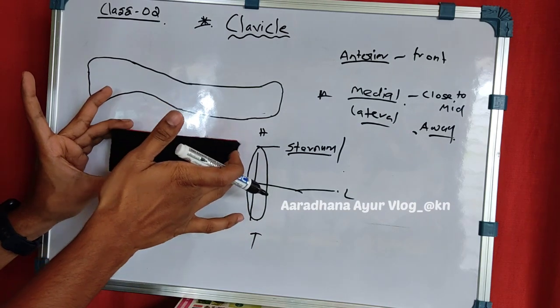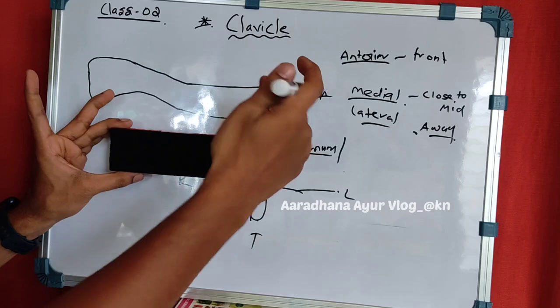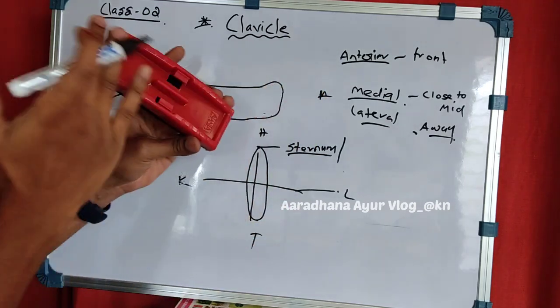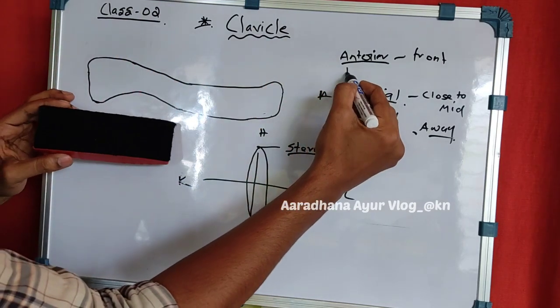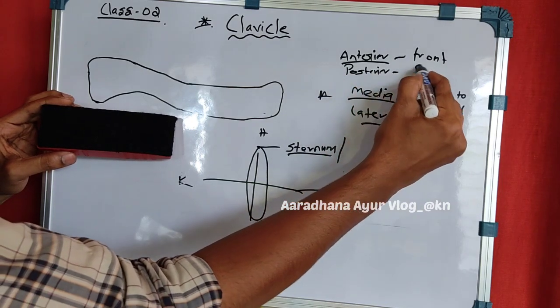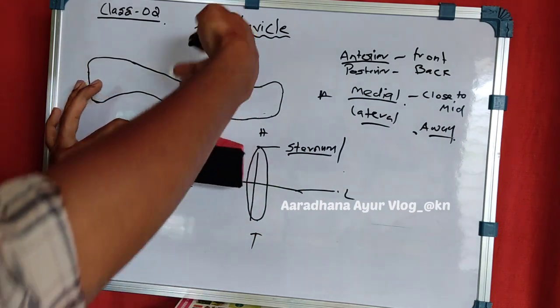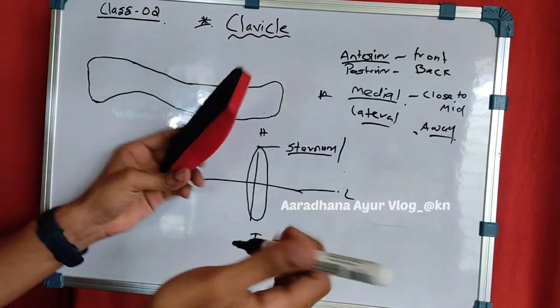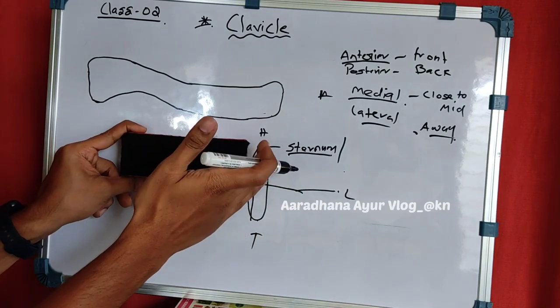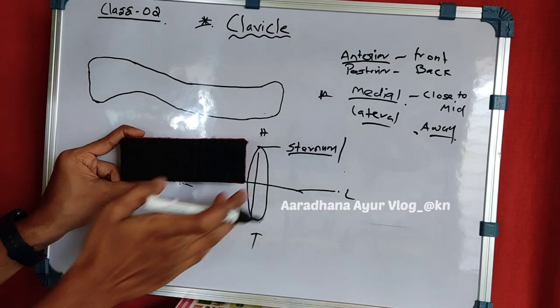This is the medial part, this is the lateral part, and the front side is called anterior. In the same way the back side we call the posterior side. So front is anterior, back is posterior. Close to the midline is the medial part, away from it is the lateral part.